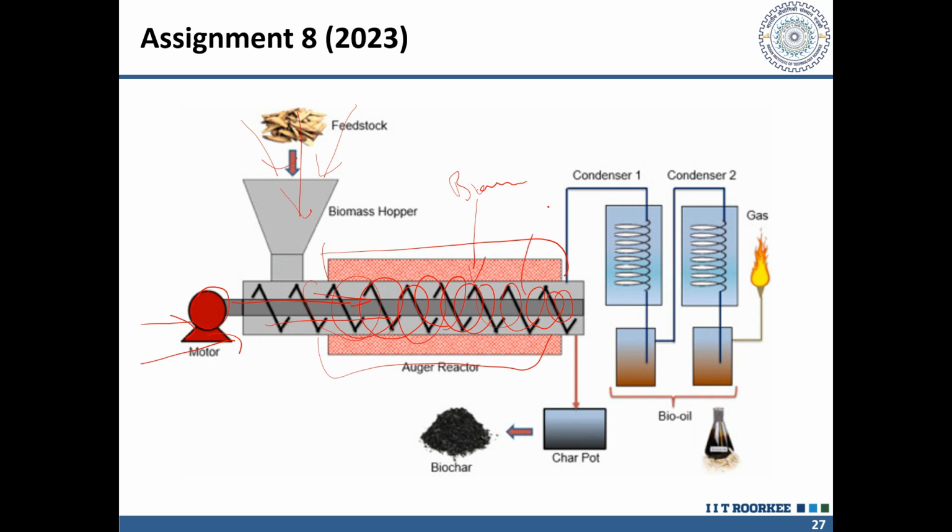After this, we condense it and obtain bio-oil and biochar. This is the easiest to use and an inexpensive method, therefore it is used by many mid-scale or small-scale industries.